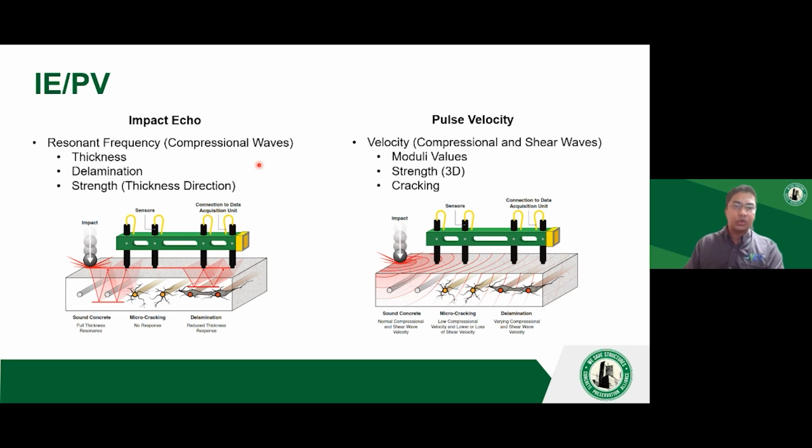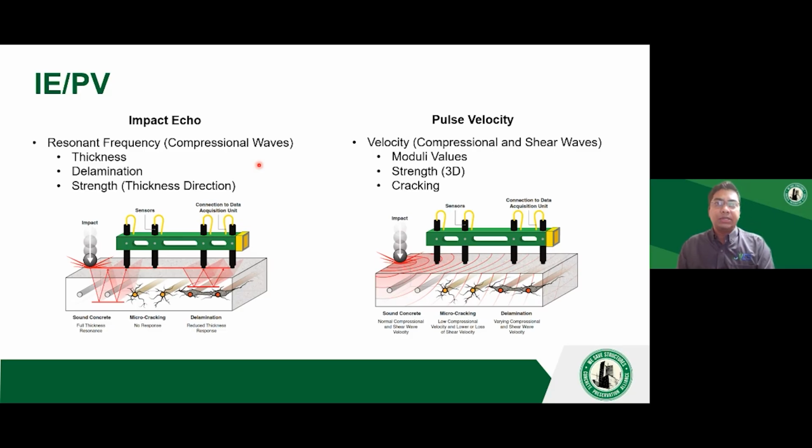When I'm talking about the strength of the concrete, I'm talking about the dynamic in situ compressive strength of the concrete. We can easily correlate this to the compressive strength you would get from the concrete cylinders you would test for compressive strength.